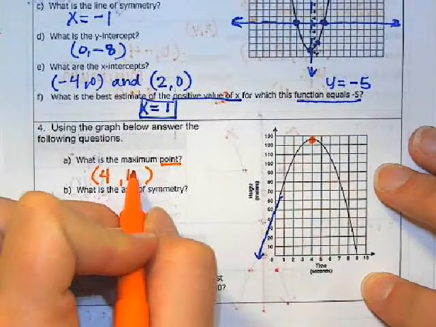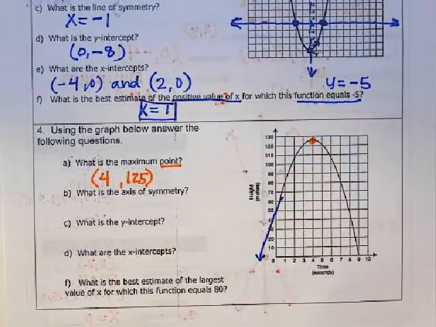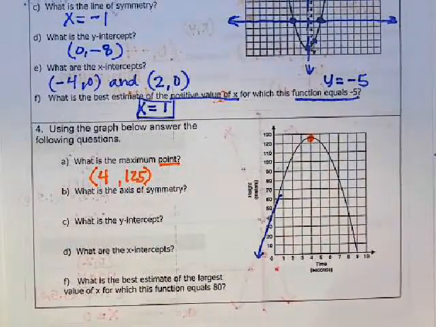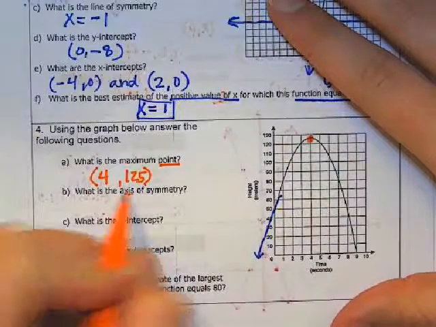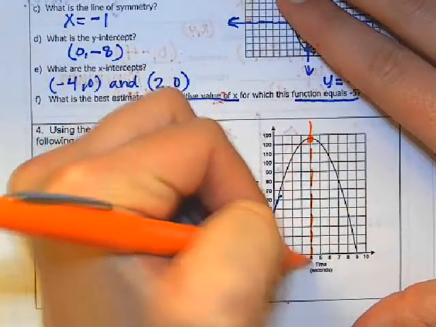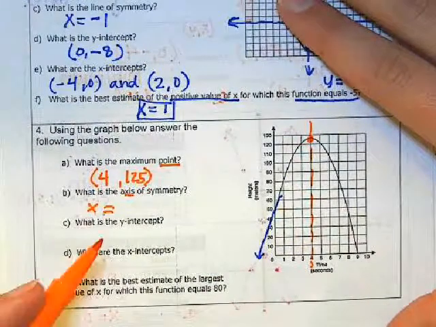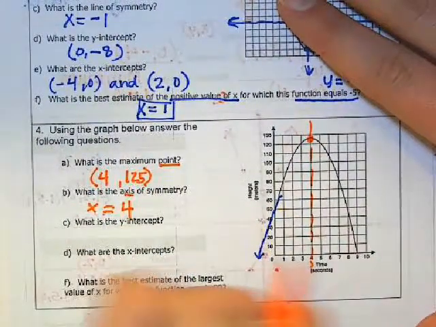I would say 125. So there's my maximum point. Then it says, what is my axis of symmetry? So it has to be x equals 4. Yes, 4. It crosses my x-axis at 4.